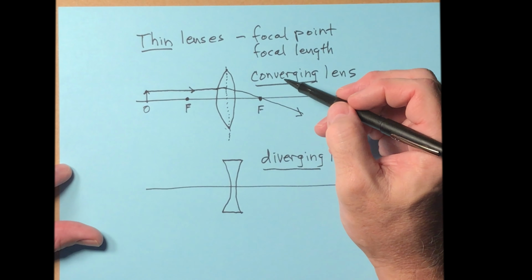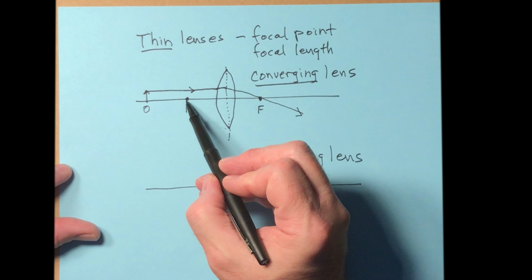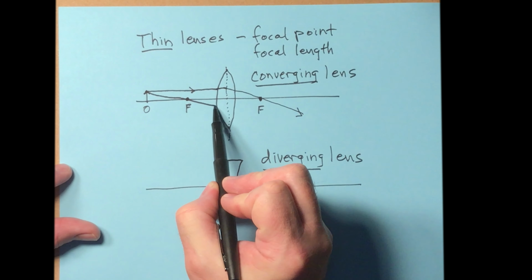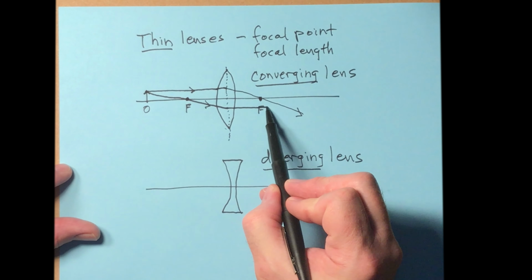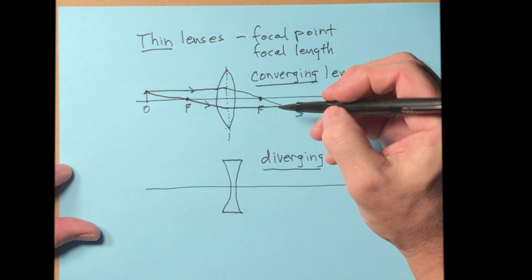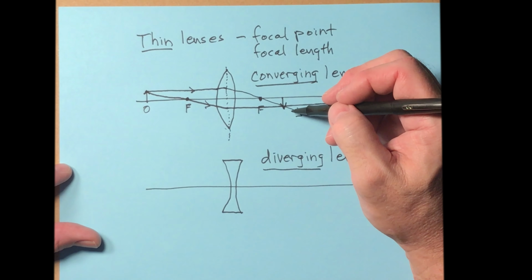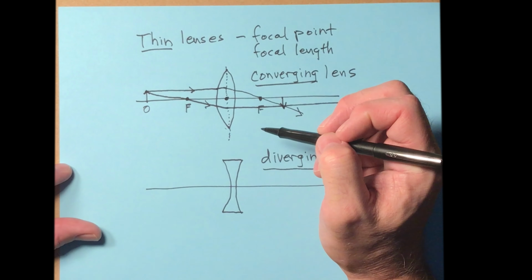Okay, well, what about if it goes through a focal point? Well, you see, here's a focal point here. If it goes through a focal point like that, then when it refracts, it comes out parallel like that. So your image would be located right here if we did ray tracing. All right, now this is the center of the lens right there.